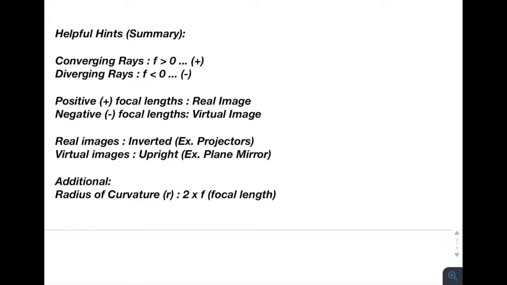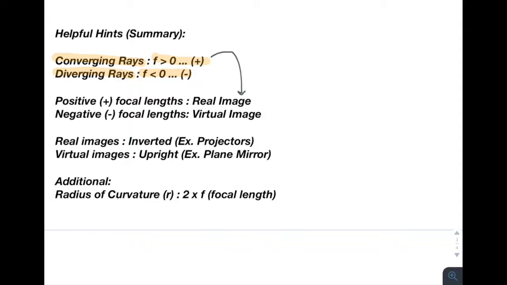Like I said earlier, whenever you have a converging light ray, the F is going to be positive. And whenever you have a diverging light ray, the F is going to be negative. This is really important because it helps us understand whether the image is going to be real or virtual. Whenever we have a positive focal point or focal length, you're going to get a real image.